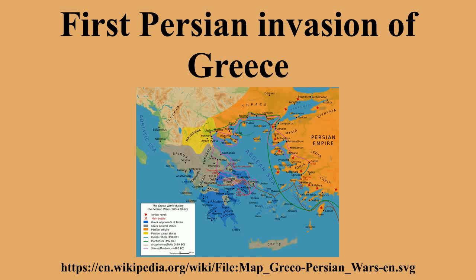Background: the First Persian invasion of Greece had its immediate roots in the Ionian revolt, the earliest phase of the Greco-Persian Wars. However, it was also the result of the longer-term interaction between the Greeks and Persians. In 500 BC, the Persian Empire was still relatively young and highly expansionist, but prone to revolts amongst its subject peoples.